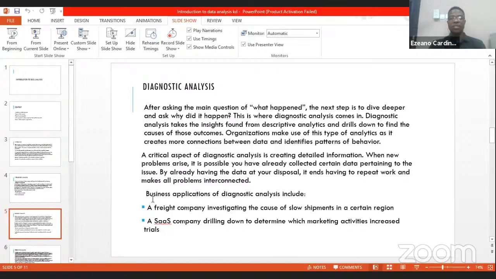Diagnostic analysis takes the insights found from descriptive analysis and drills down to find the causes of those outcomes. Organizations make use of this type of analytics as it creates more connections between data and identifies patterns of behavior.